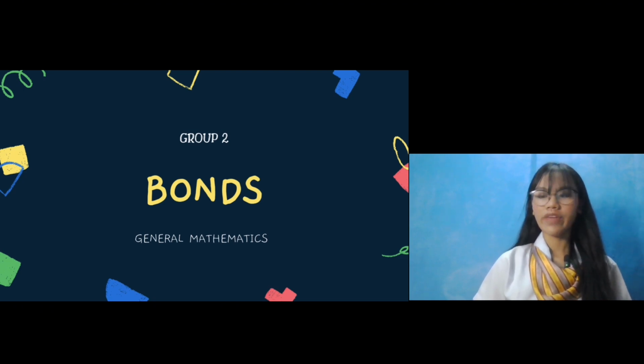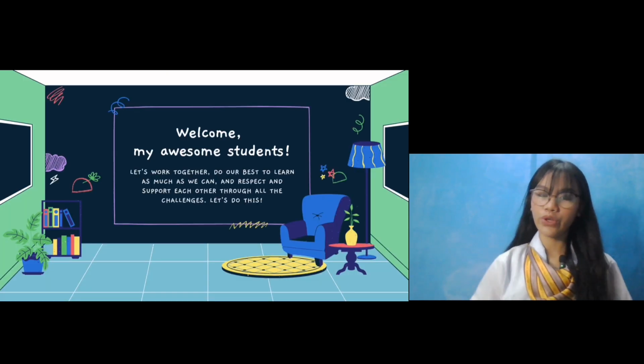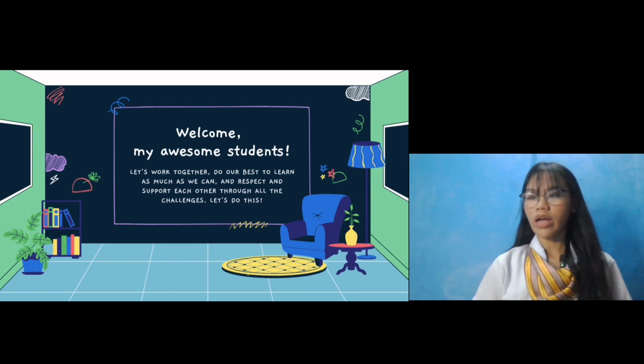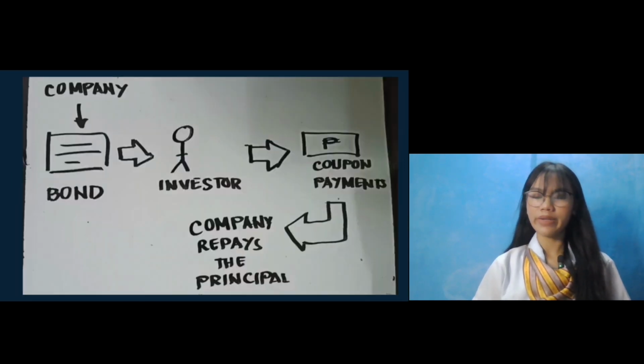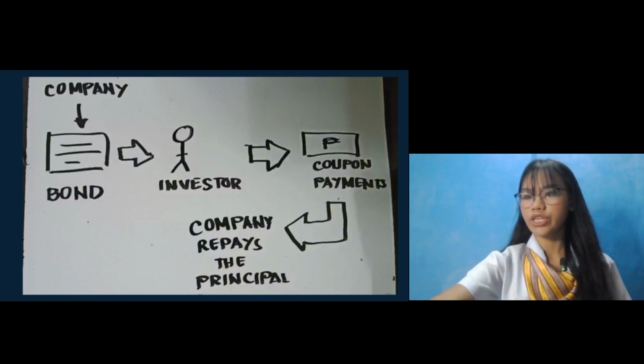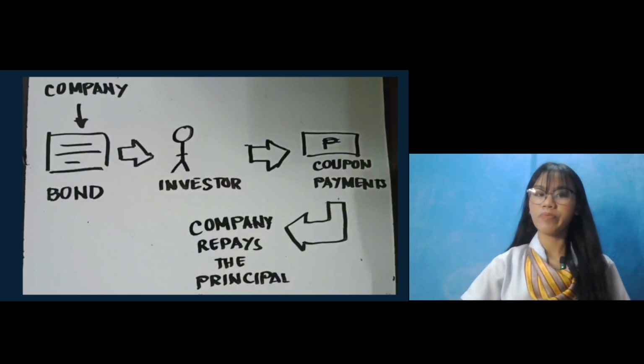Now I have here an illustration for you, in order for you to better understand our topic, which is bonds. So I have here a process on how a bond works. In the upper left of the illustration, it is the company.